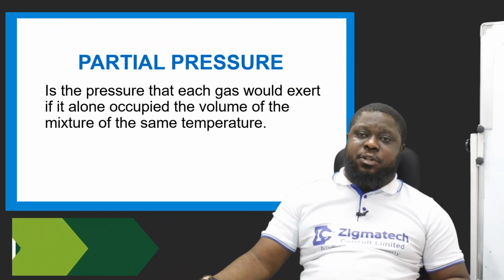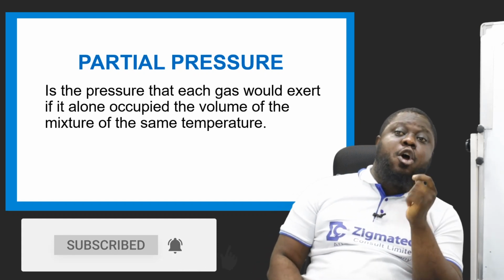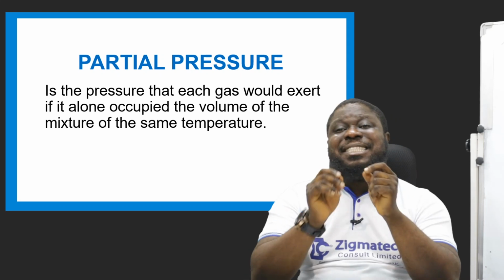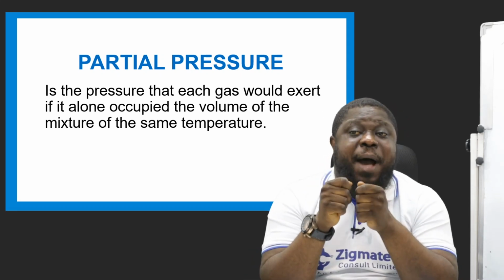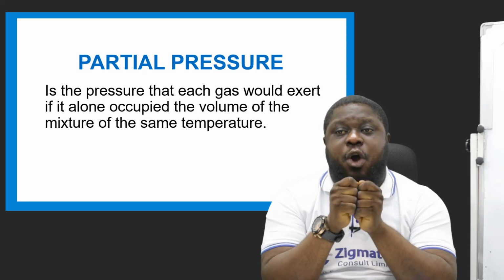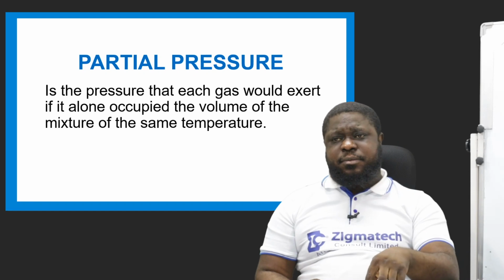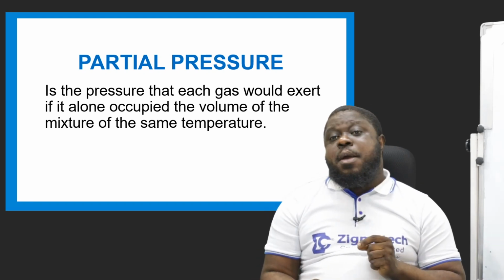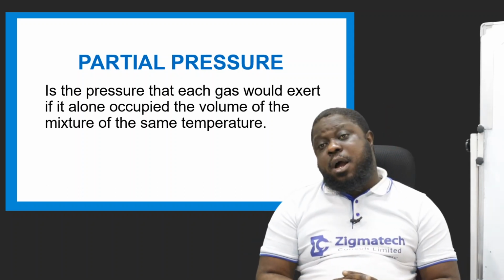Now, what is partial pressure? Partial pressure is the pressure that each gas will exert if it alone occupies the volume of the mixture at the same temperature. Like I said, in essence, each gas will be calculated separately because they occupy spaces in that particular container.